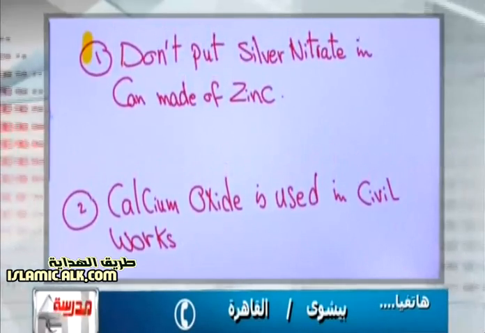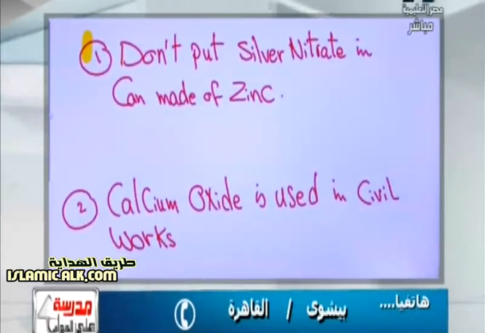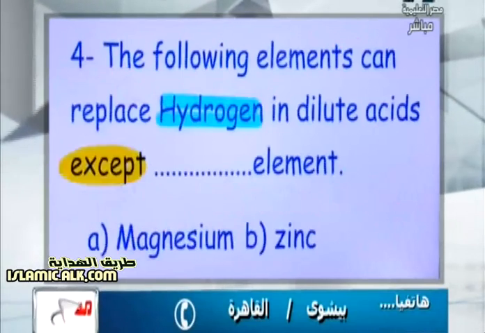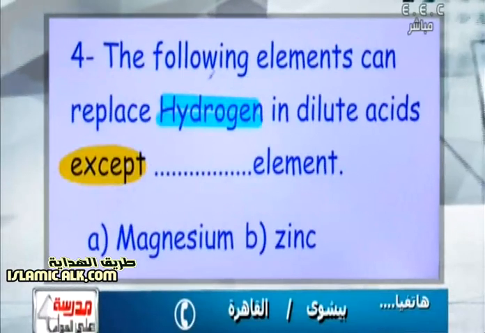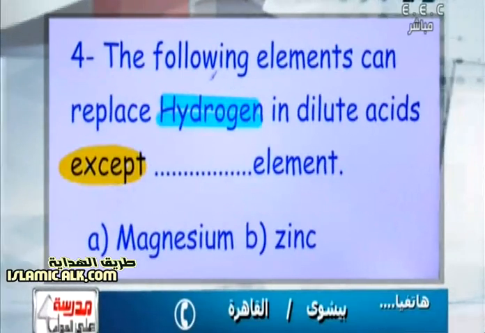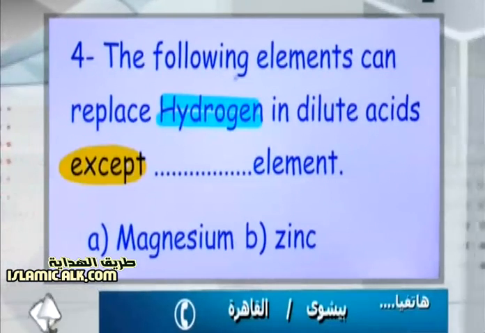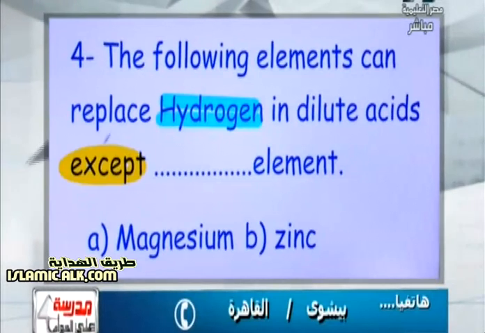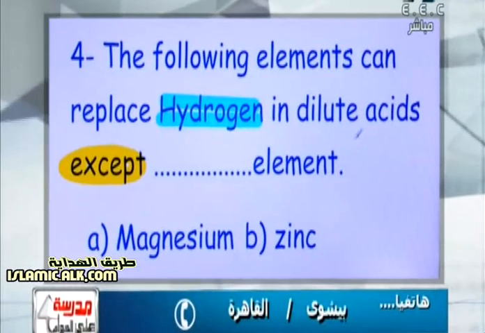Question number 1 is: don't put silver nitrate in can made of zinc. This question is related to the previous one, which we are just answering now: the following elements can replace hydrogen in diluted acid except.